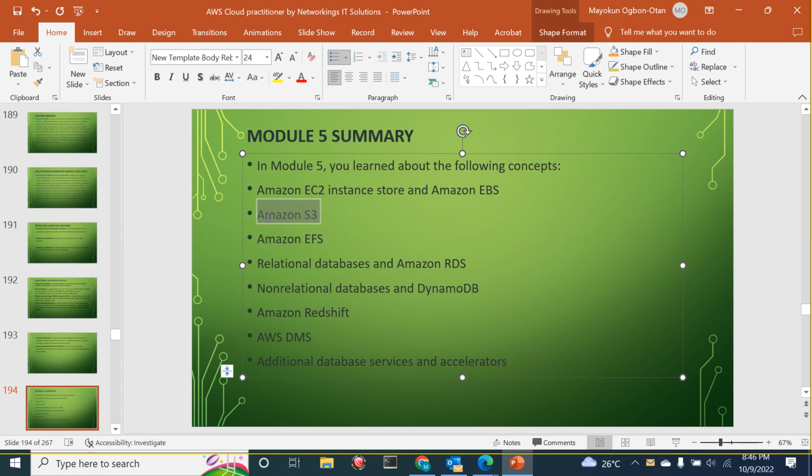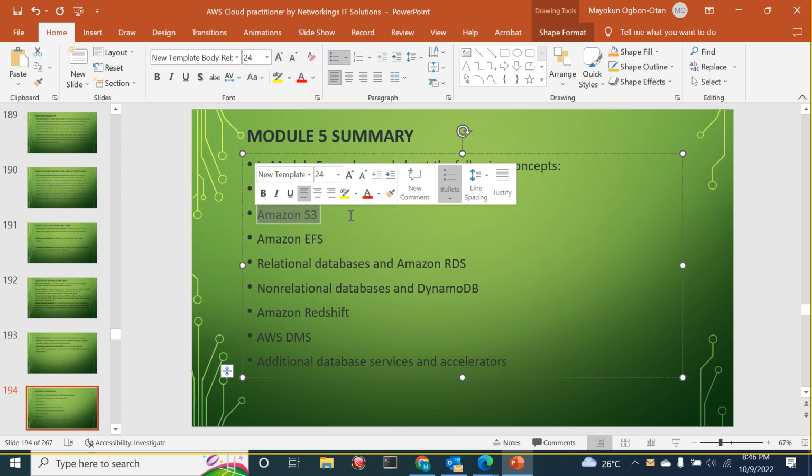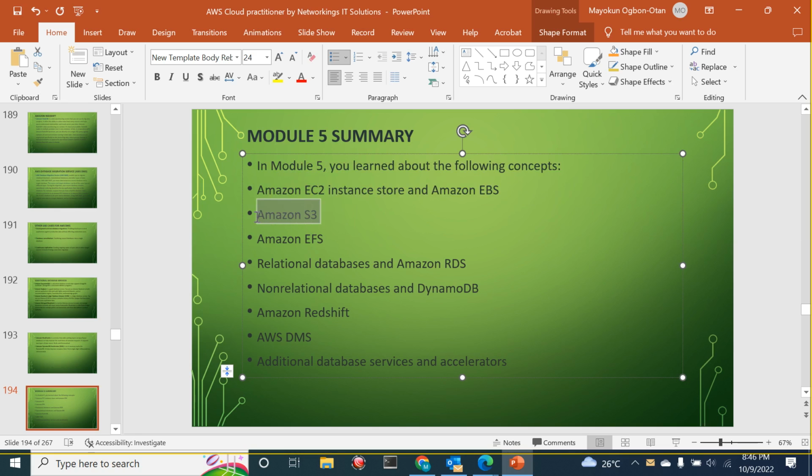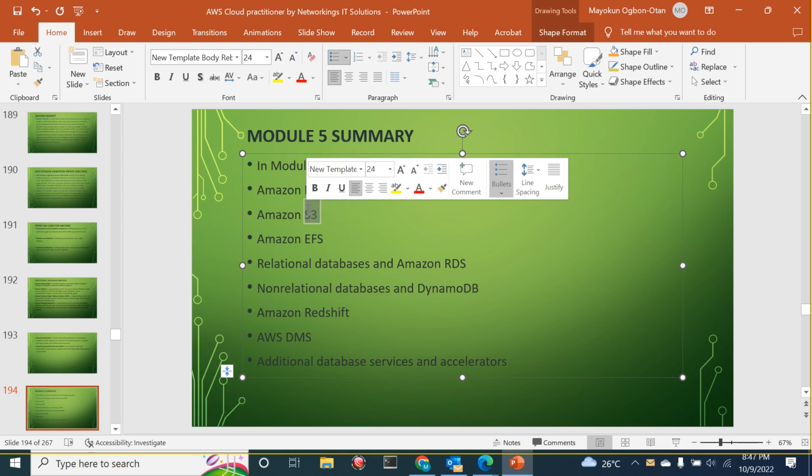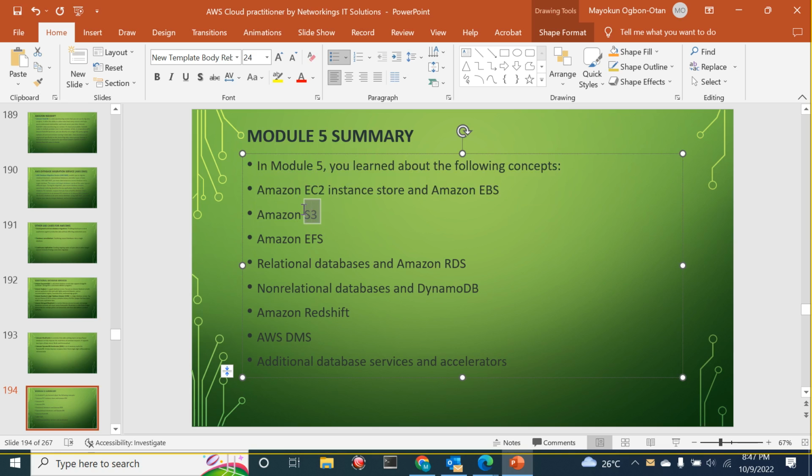We talked about Amazon S3 and the kinds of tiers or types of S3 that we have, and that it stores data in buckets, in the form of objects inside a bucket. We looked at S3 Standard, S3 Standard-IA, infrequent access, then the Glaciers and so on.